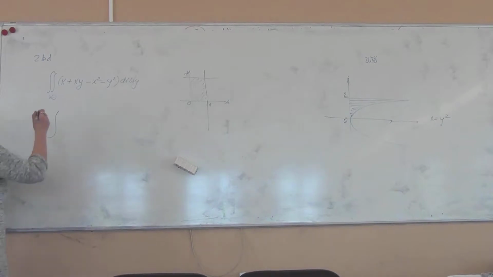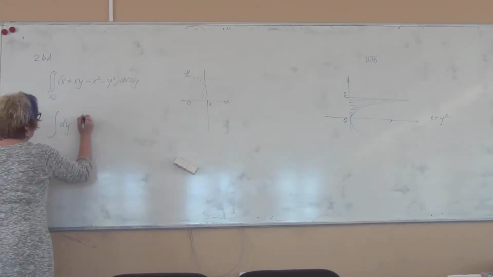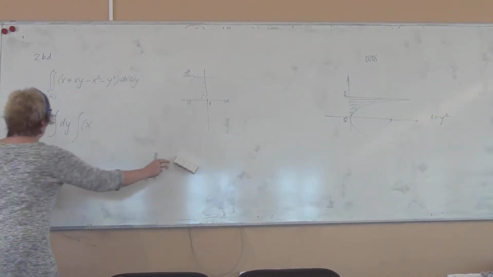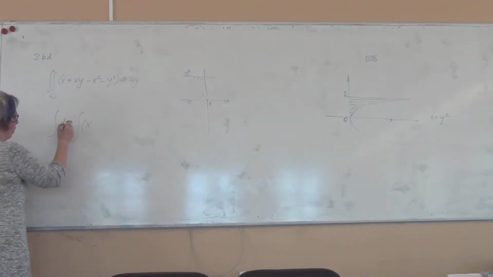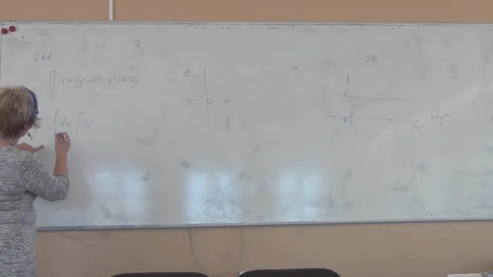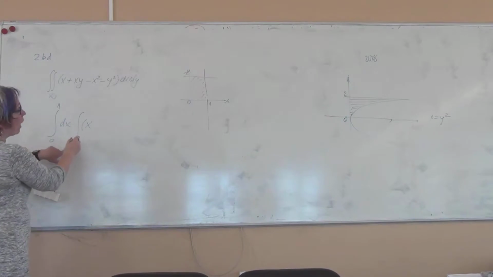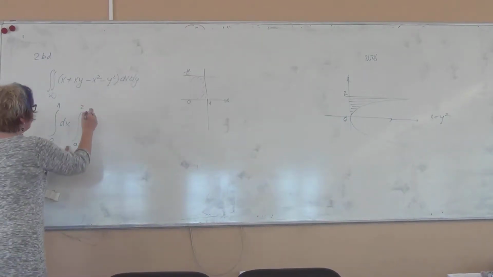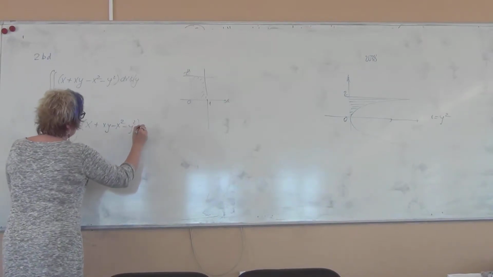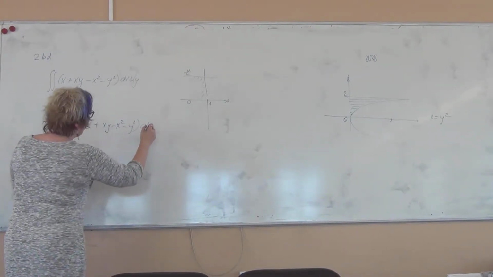So let's do the common order. The common order is starting with y, so dx will be the second integral. X boundaries are from 0 to 1. Y boundaries from 0 to 2. dy.